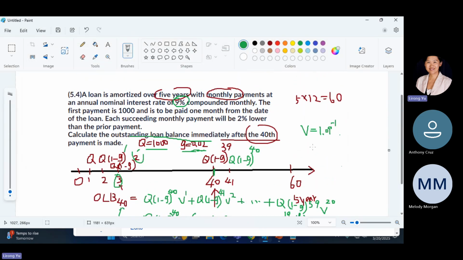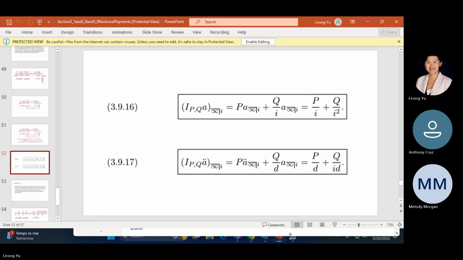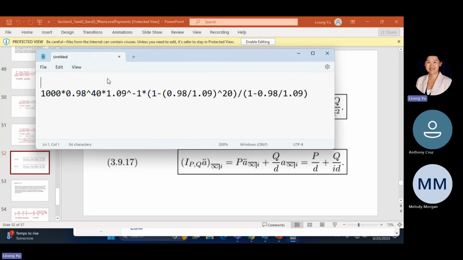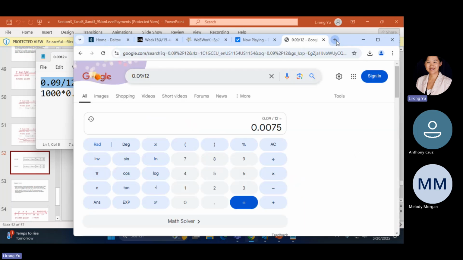Make sure the interest rate is in percent. Oh, I was wrong. It says compound monthly, right? The 9% has to be divided by 12. So let me calculate it specifically. The interest rate is not 9%, it is 0.09 divided by 12. We get a monthly payment plan, so we have to have a monthly interest rate to match it.